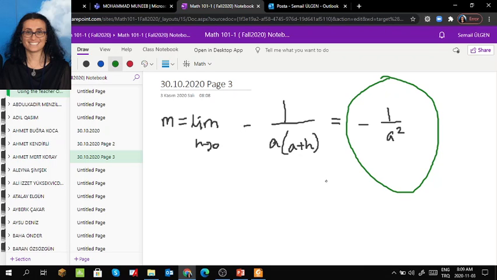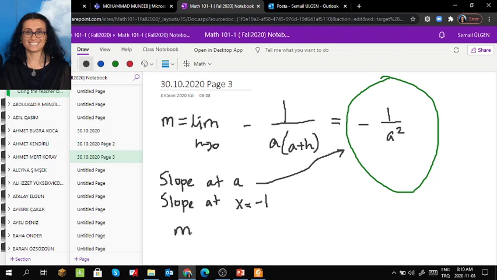Let's find the slope at negative 1. We are done because we just found the slope at negative 1.